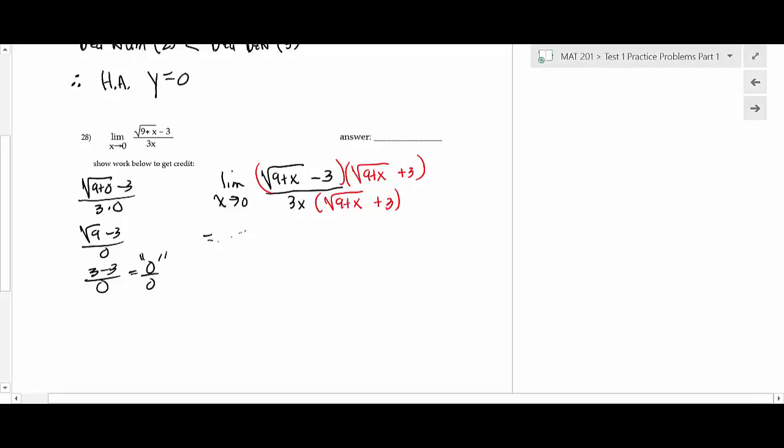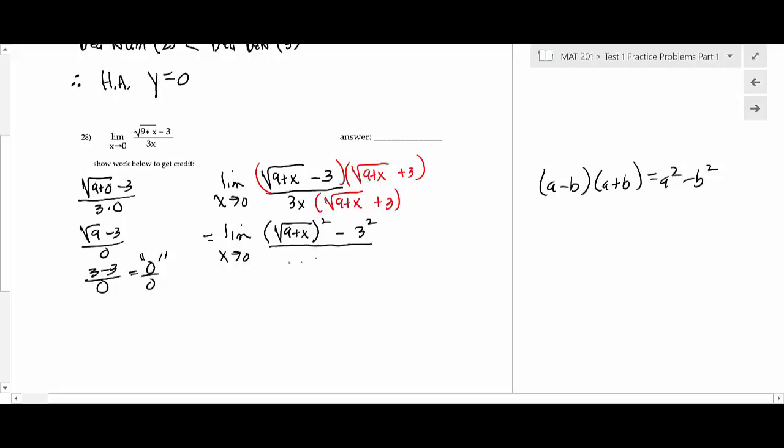So if we do this carefully, we'll have the limit as x goes to 0. You can FOIL this out if you need to, or you can just square it, because if we have a minus b times a plus b, that really just becomes a squared minus b squared. So you can do this in your head. If we square the first term, we have the square root of 9 plus x, squared, minus 3 squared.